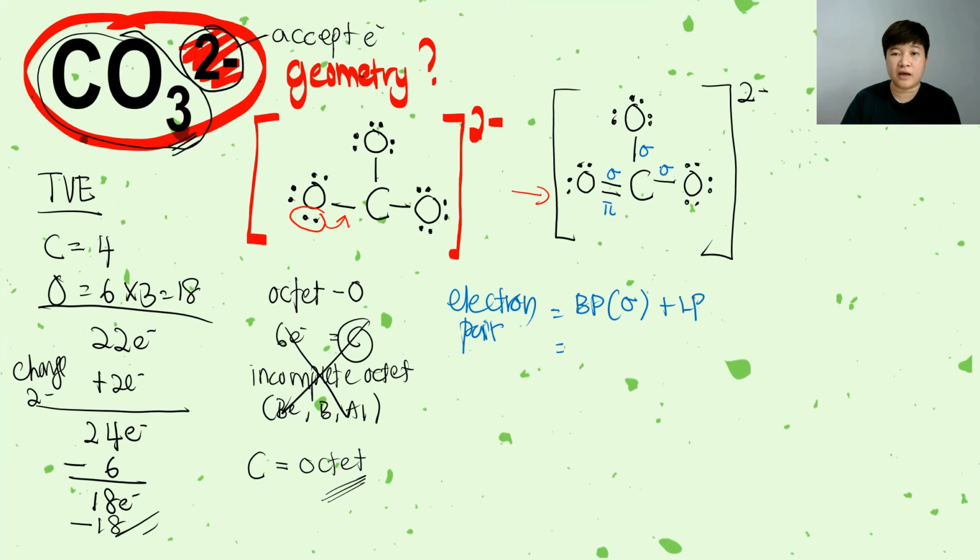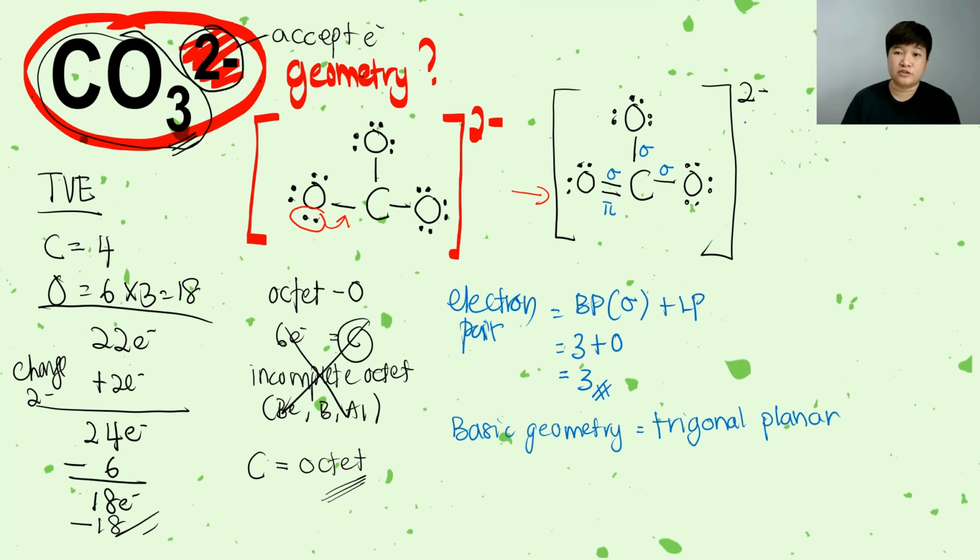So how many sigma bonds do we have around the carbon? We have 3 sigma around the carbon with no lone pair. So 0 lone pair, so the electron pair is 3. When the electron pair is 3, what would be the basic geometry?